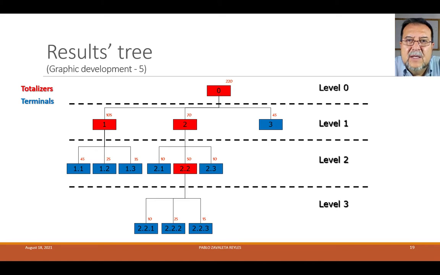God forbid. Usually when you reach level 5 or 6, you should really take a hard look at what you're doing, because it will be so disaggregated that it will be very complex to manage the whole.